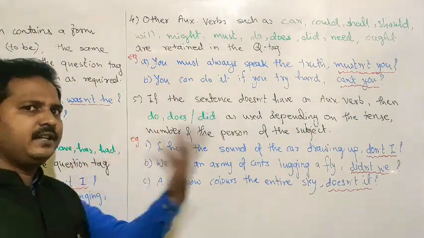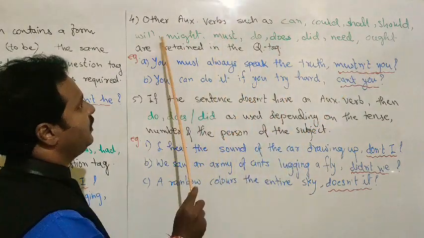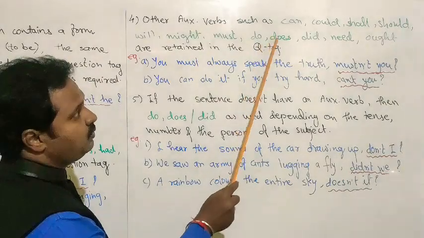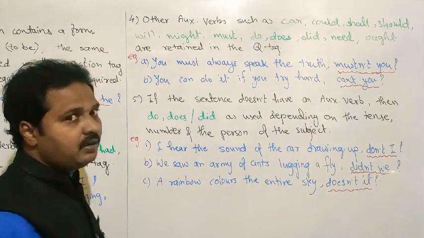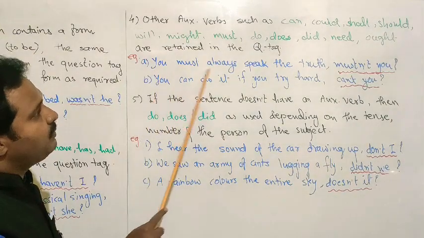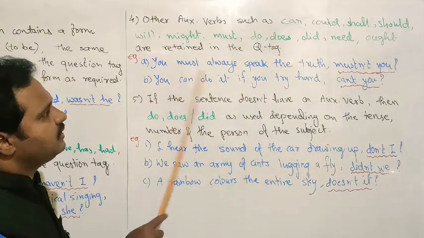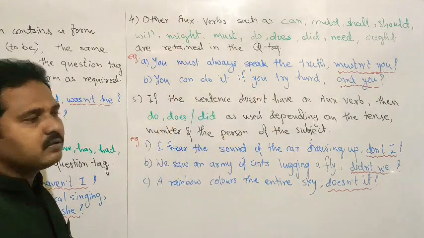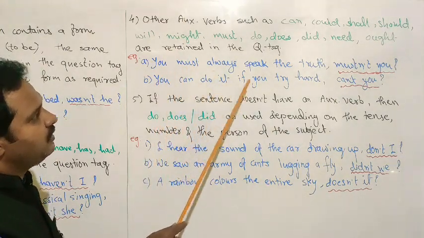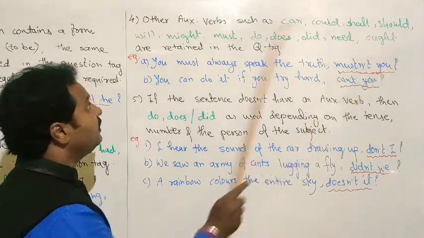If there is can, could, shall, should, will, might, must, do, does, did, need or ought, that should be kept as is. For example, you must always speak the truth. Here must is used. That is a modal auxiliary verb. Then mustn't, must not. That is mustn't used there.